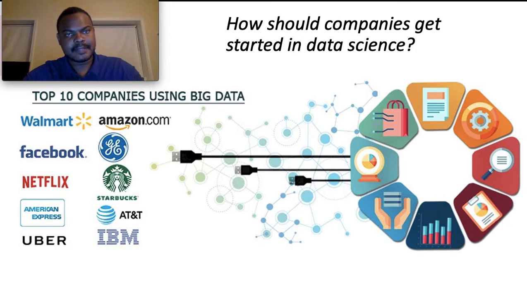So these are a couple of companies using big data today, right? We have Amazon, Facebook, General Electric, Netflix, Starbucks, Uber, IBM. And these different companies use data in different ways.